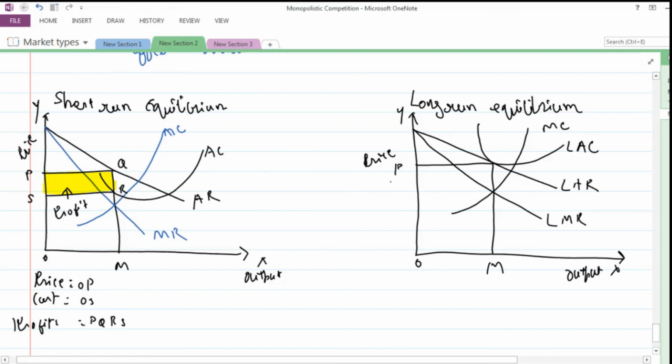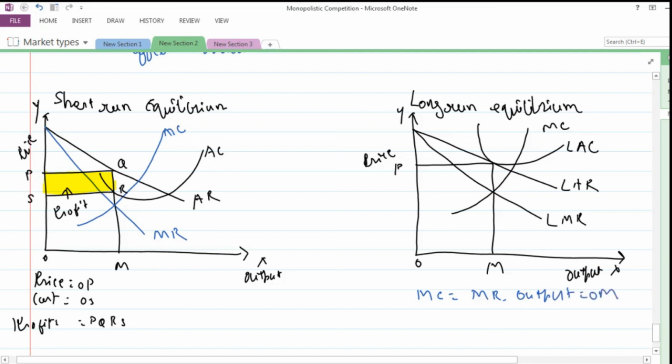Marginal cost is equal to marginal revenue in this case, at the OM level of output.